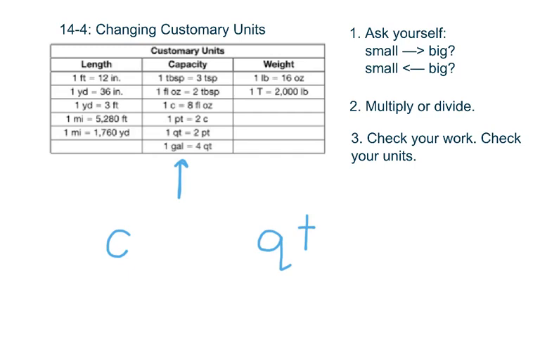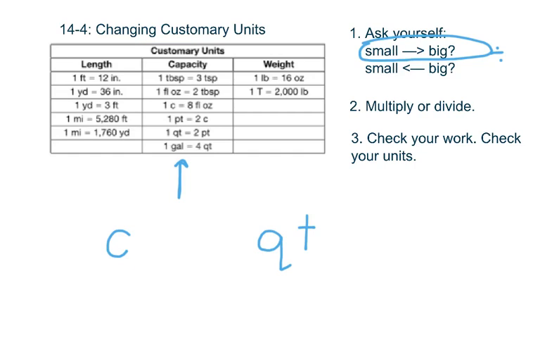So first, I'm still going to ask myself, am I going from small to big or big to small? Well, cups are smaller than quarts, so I'm going from small to big. So I'm going to be dividing. Next, I notice in my table that I don't actually have cups to quarts as a conversion. So I might need to change it into a different unit first.